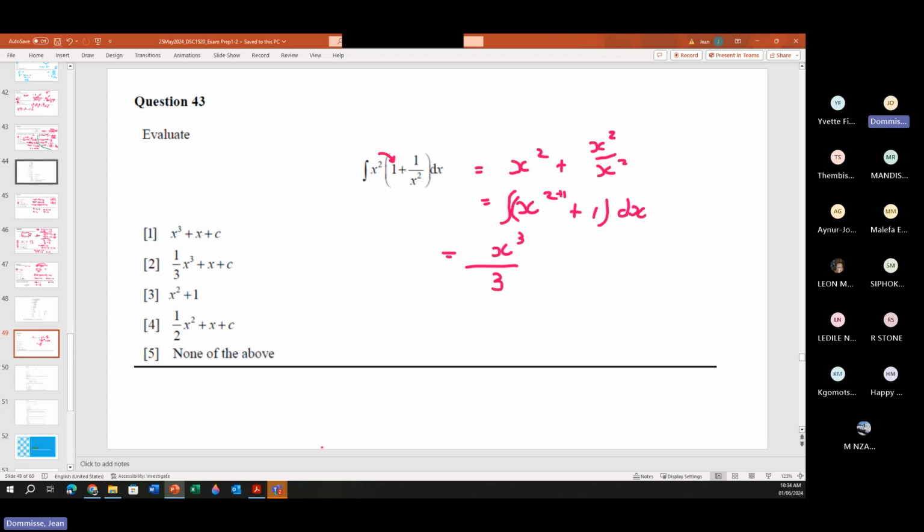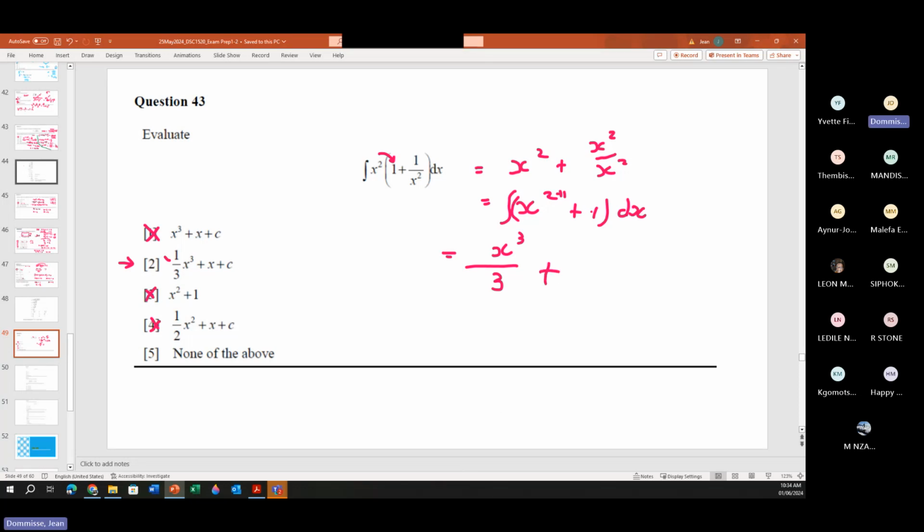So then I will first look at options. X to the power of 3, yes, but not divided by 3. No go. X to the power of 3 divided by 3, so that is right. X to the power of 2, nope. X to the power of 2, nope. Okay, so we actually only have that option left, but let's check the other one.